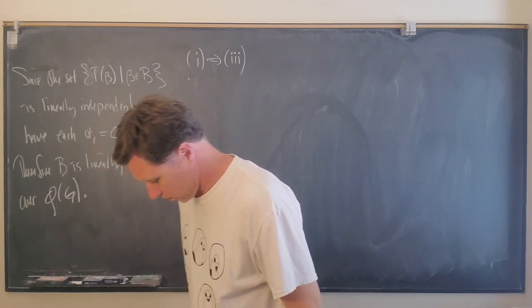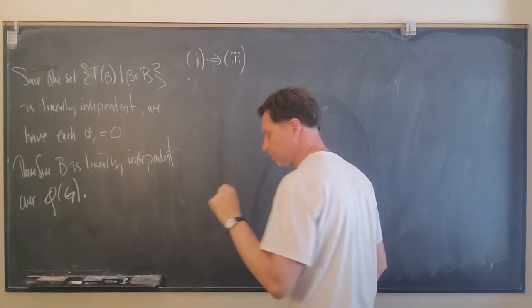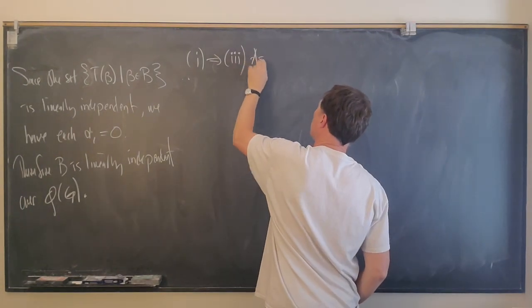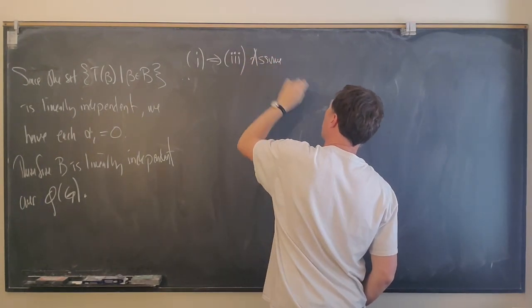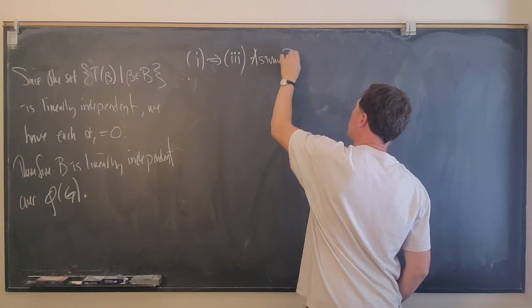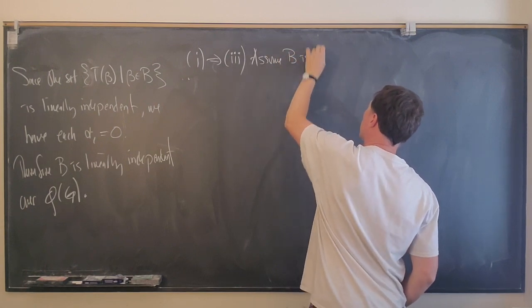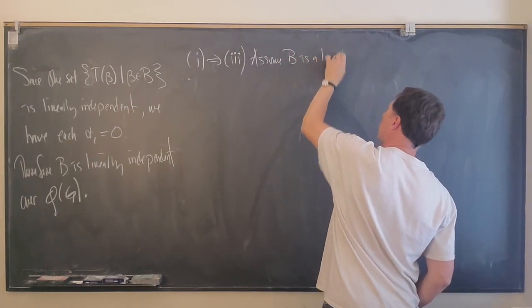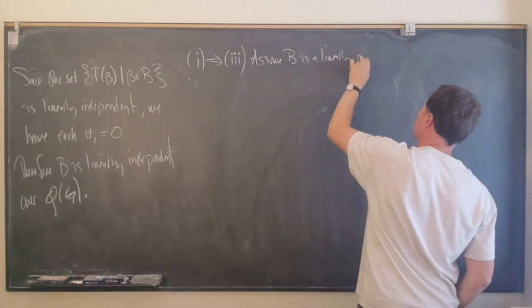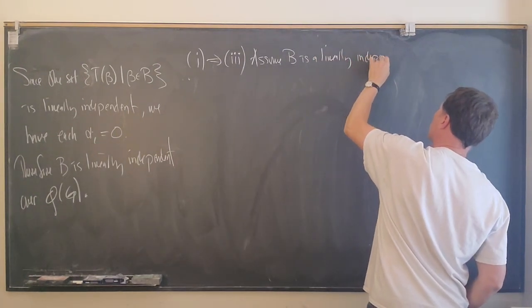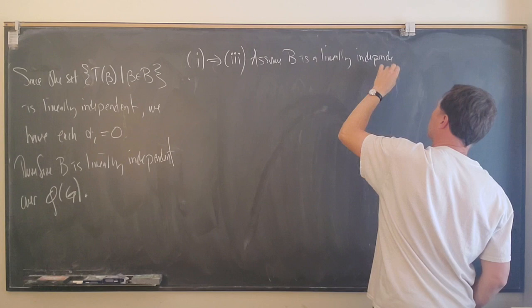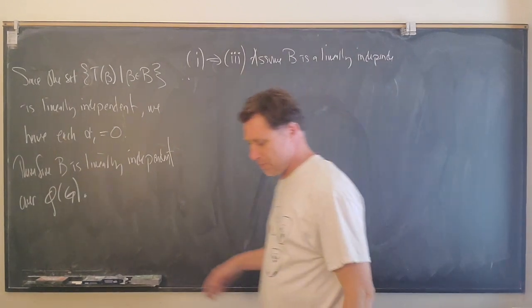All right, so now let's assume that B is linearly independent. And I guess I really need to be careful here.